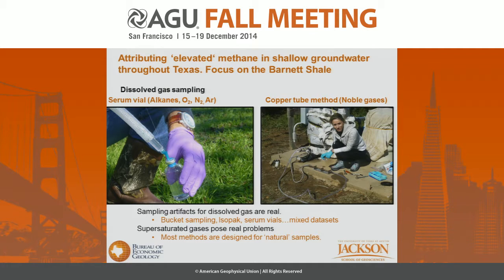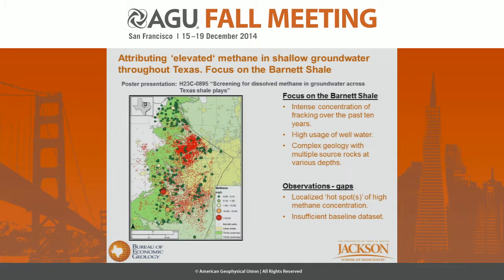We've analyzed about 800 dissolved gas samples from the Barnett, and we're also looking at dissolved gas isotopes and noble gas work as well. This shows you, and we'll talk more about this this afternoon, a blow up into the Barnett Shale. The red dots are fracture sites.